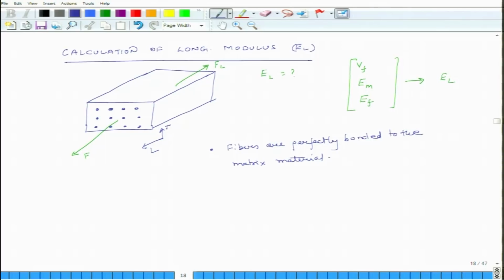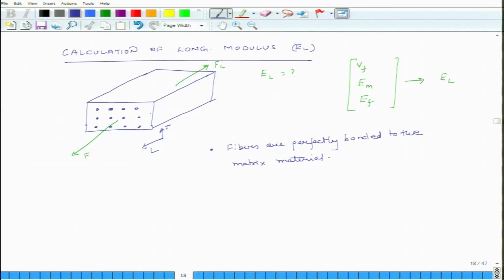The moment I say that, what that means is that when I apply the force in x direction, this body has an original length L, it will extend by some distance delta L, right. It will extend by some distance delta L, and if the fibers are perfectly bonded to the matrix material, then the fibers, the matrix and the whole composite will expand by the same amount. If they are not bonded uniformly, if fiber is loose, then fiber will not expand, but the matrix will expand.